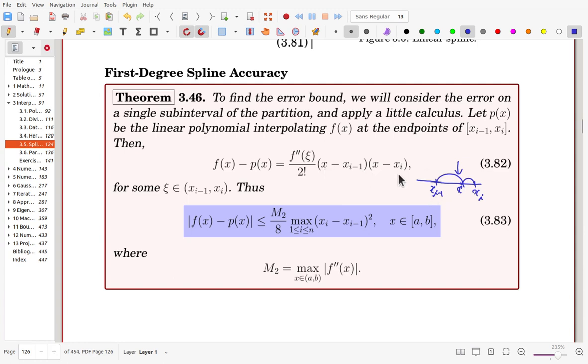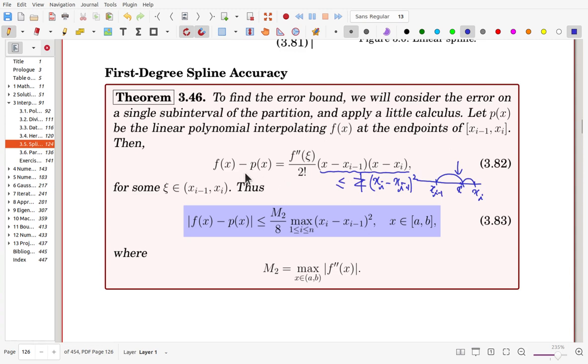This product is minimized when this distance and that one are the same, so that in modulus it is bounded by a quarter of that squared, that is (x_i minus x_{i-1}) squared over 4. Half of that squared is this one, so these are bounded by that one. And now that is f double prime evaluated at some point.